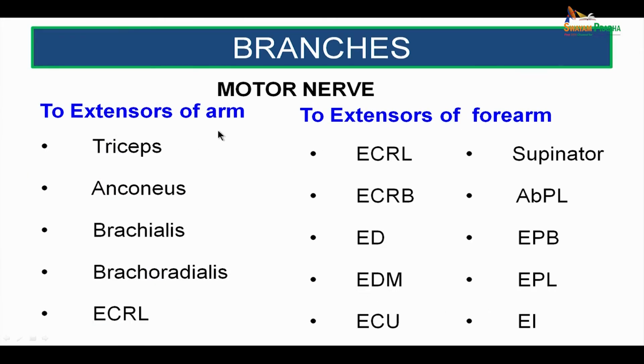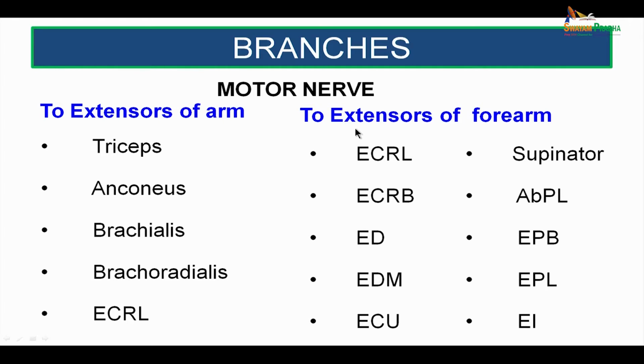So, to summarize, the nerve by and large supplies the extensors of the arm, namely the triceps, anconeus, brachialis, brachioradialis and extensor carpi radialis longus.